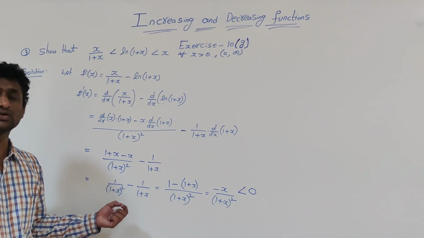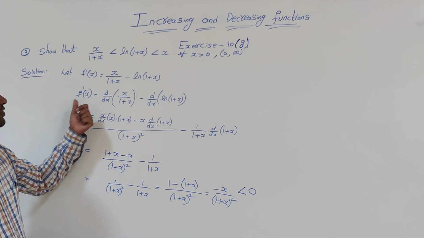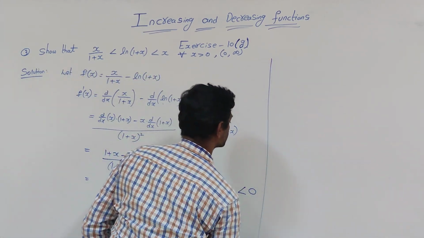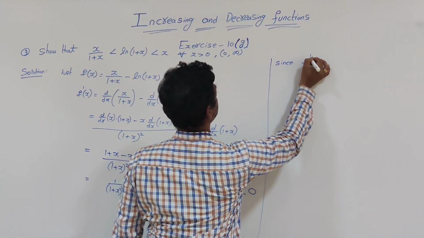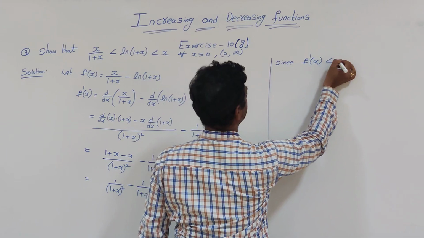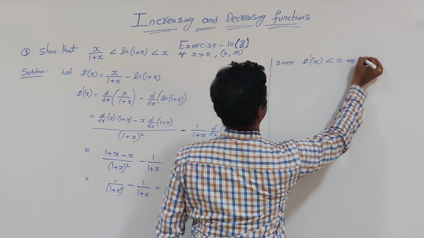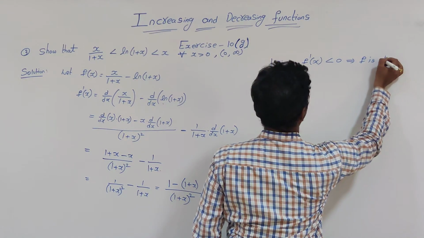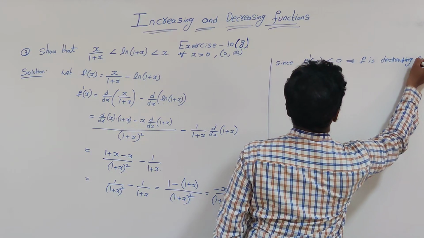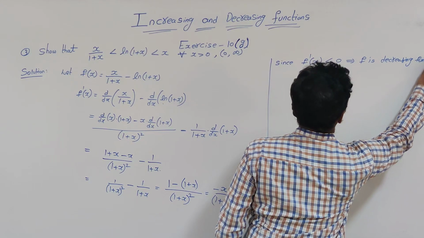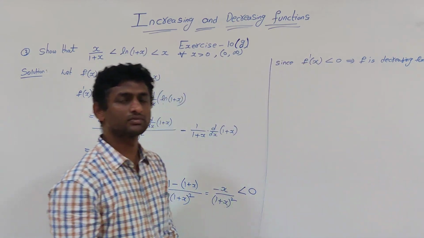So what can we conclude from this? Since f dash of x is less than 0, it implies f is a decreasing function. F is a decreasing function.